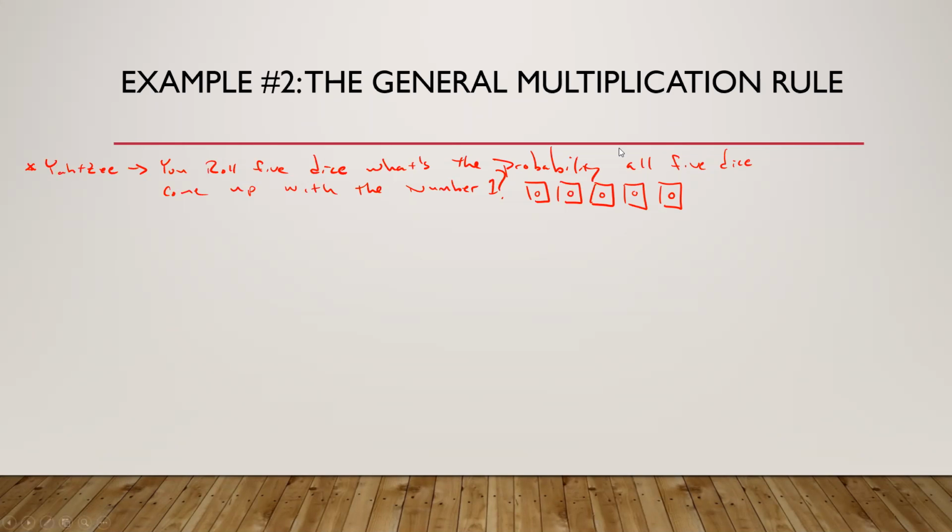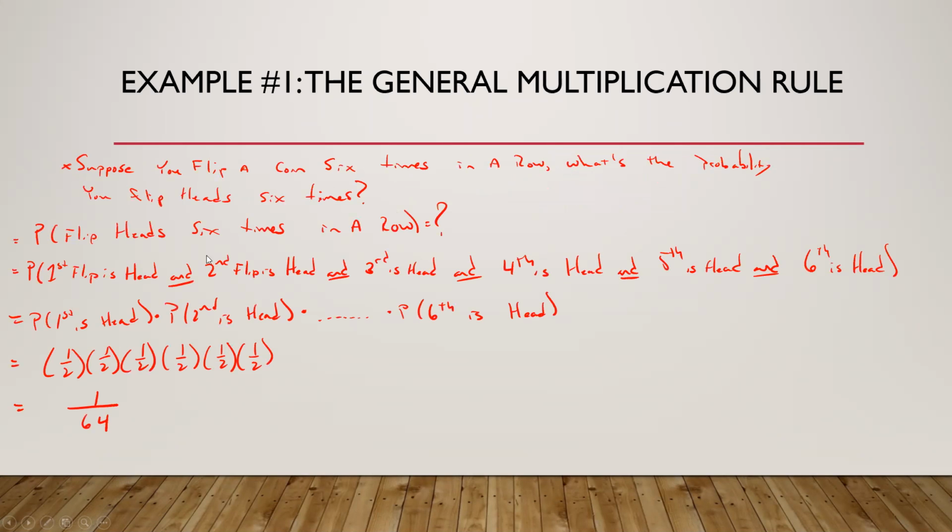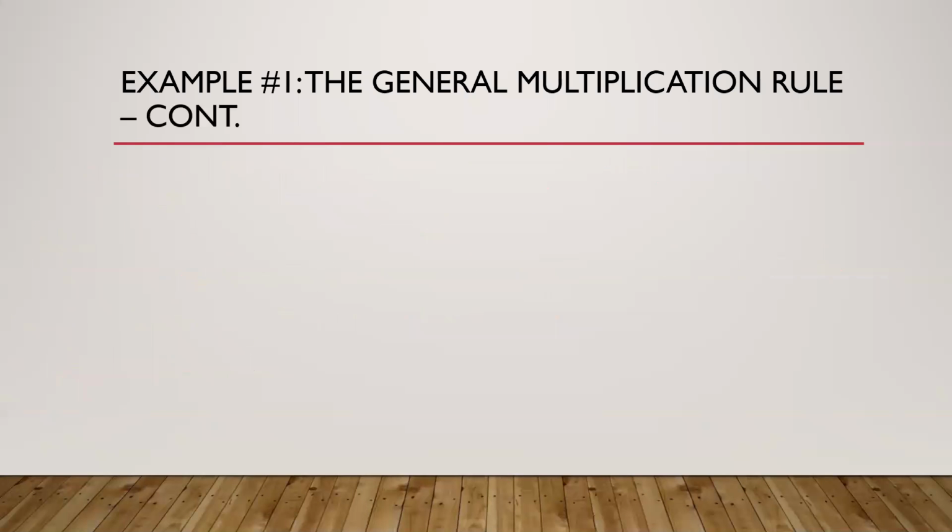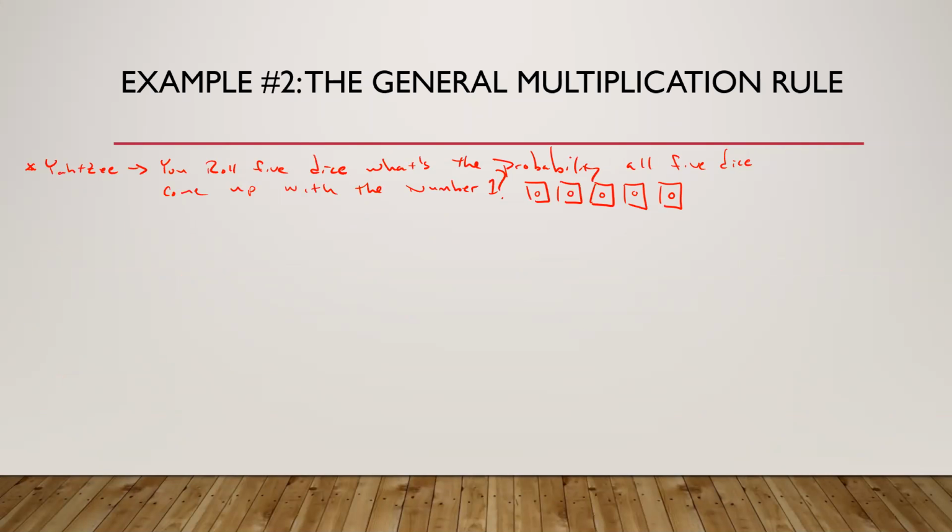Does it seem like you would tackle it just like this problem here, but instead of the first flip is a head, it would be the first die is a 1, the second die is a 1, and so on? Does that kind of make sense why you would tackle it this way? And that's why in the chat, it does end up being 1/6 to the 5th power. Yeah. But look, let me show you this, okay?